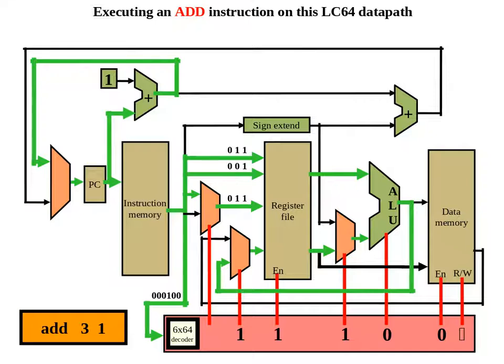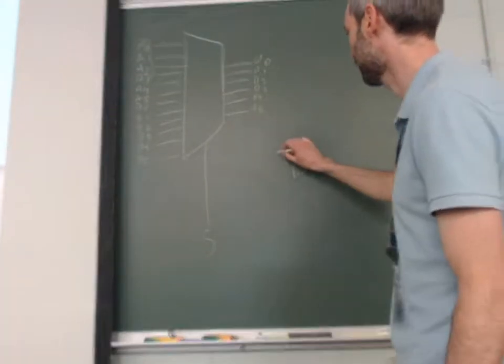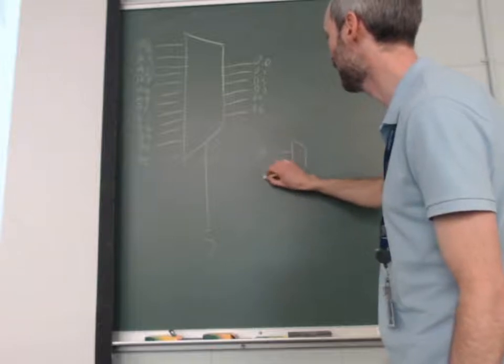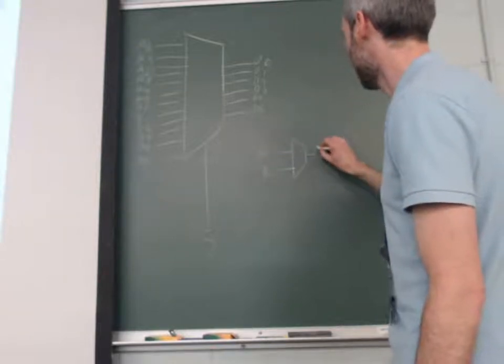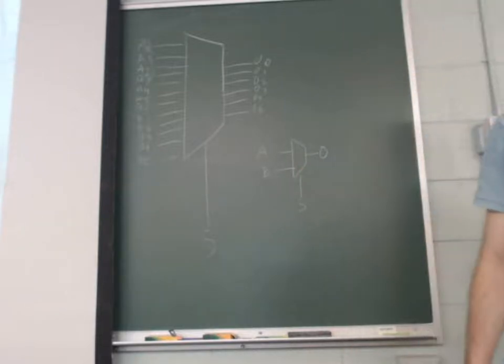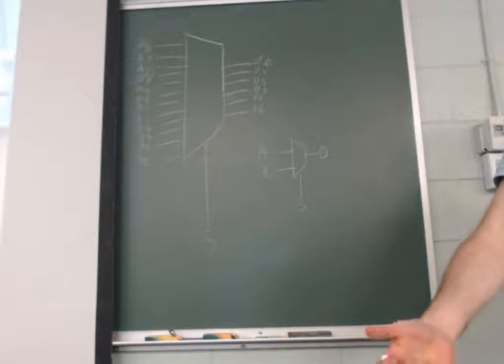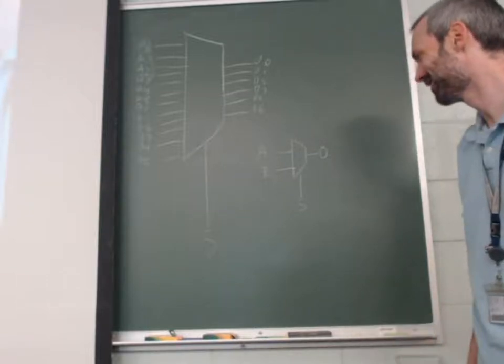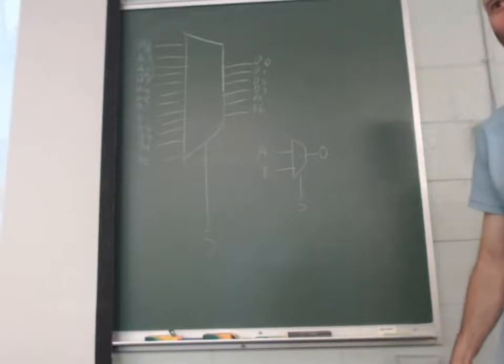Well, let's start with our simple one. A, B, O, S. What's the gate delay of this? About 10? 5? I can't remember. It's 4 or 5, I believe.